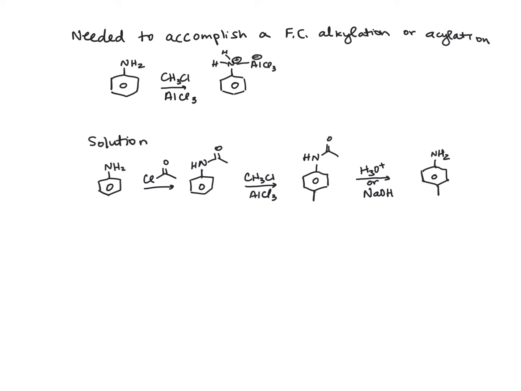The solution to this problem is to acylate the aniline, forming our amide. Then we do the Friedel-Crafts alkylation in this case. And finally, we do a hydrolysis with acidic water or sodium hydroxide to get our aminomethylbenzene.